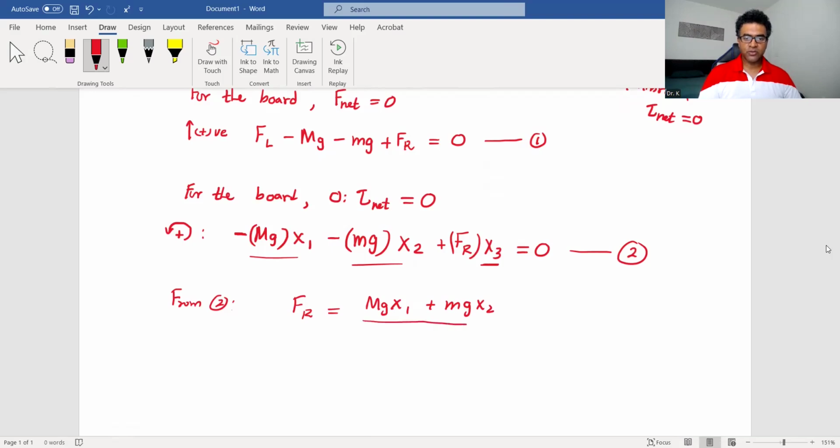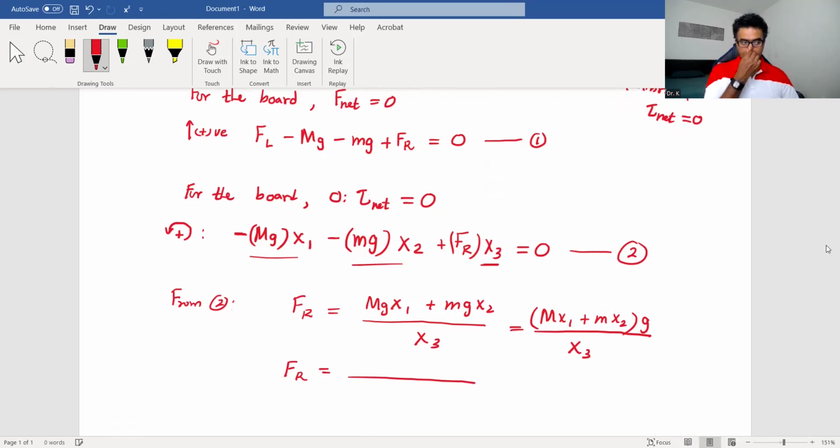And you can see g, the acceleration due to gravity, so I'm going to factor that out: big M x1 plus small m x2, factor out g, divide this by x3. Now I'm ready to substitute the values.